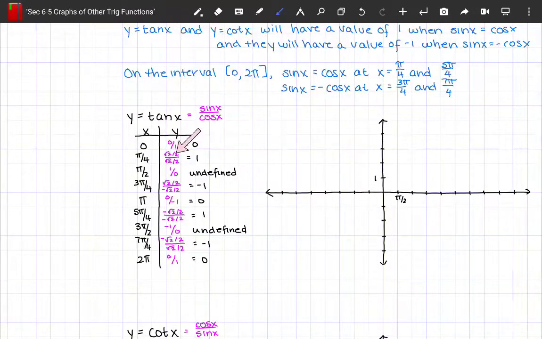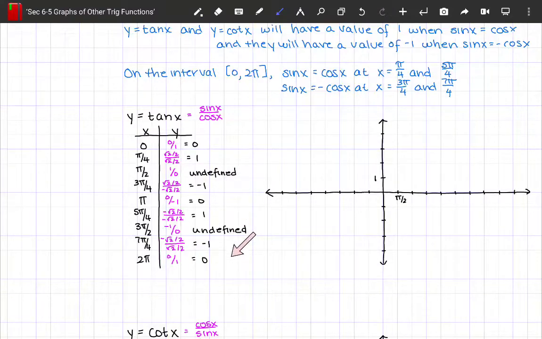And so when you have the same thing on the top and the bottom, the fraction equals 1. At pi over 2, sine over cosine is going to be 1 over 0. We have a 0 in the bottom, it's undefined. And so that's what I've done here, is I've filled out the rest of these values. Notice I'm counting by pi over 4 on the x values here.